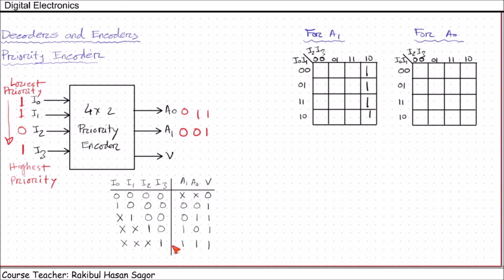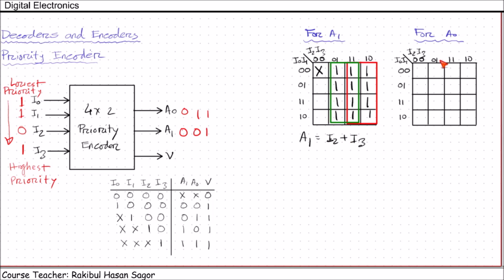Similarly, we have I3 equals 1 in these 2 columns, and for all other combinations it is true. So we can write 1s in these boxes, and we have one don't care condition for 0, 0, 0, 0. Now we can take this box and another box, and A1 can be written as I2 plus I3.